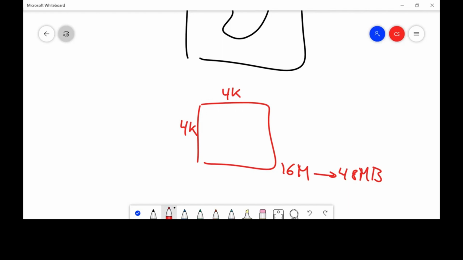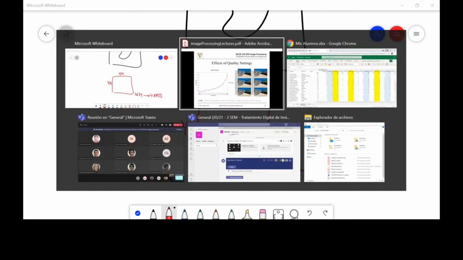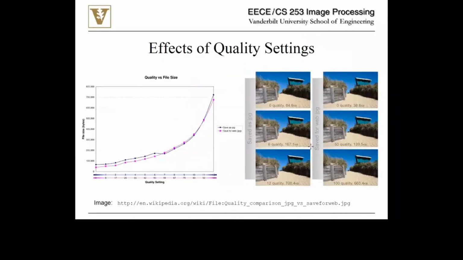Okay, so we don't know the original size of this image because it is not written here. But we can see that a 48 megabyte image is stored in less than 1 megabyte.